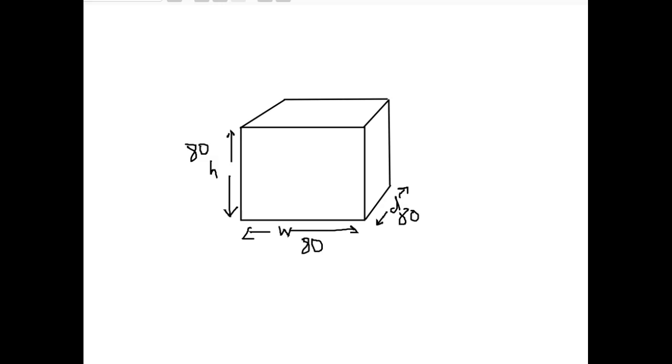So let's have a think about what the steps are. Basically the first thing is we are going to input the data. So input those 4 things, dimensions and weight. And then we need to add up the dimensions. And then we need to see if any of the dimensions or any of the rules are broken.